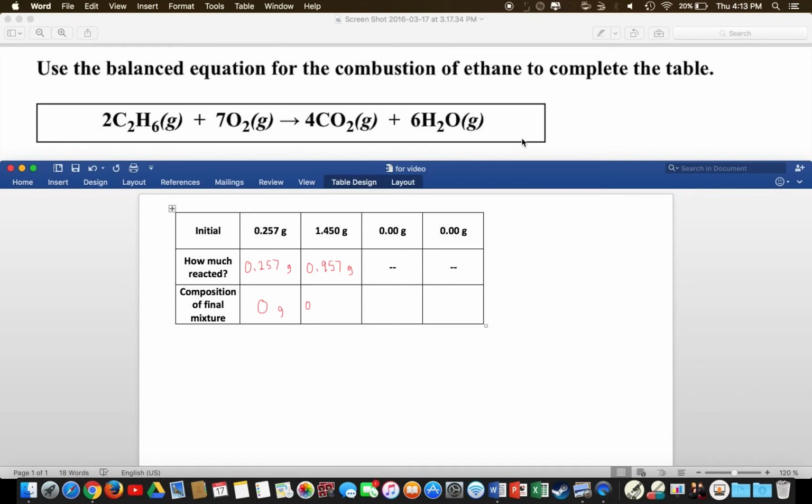We have 0.493 grams in excess, and then we just did the math to this one. It's 0.752 grams of CO2 produced and 0.62 grams of water produced.